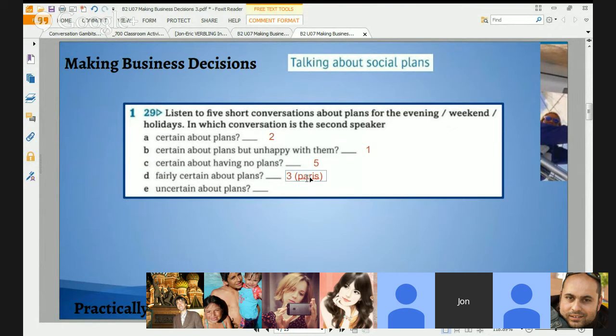Anything else? Any other ideas? 4. I'm hearing 4. Okay. And the last one, E. Uncertain about plans. I'm hearing 3 for that. Okay. 3 is about the schedule, and 4 is about Paris.